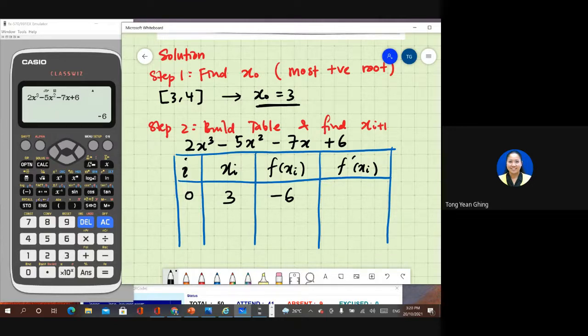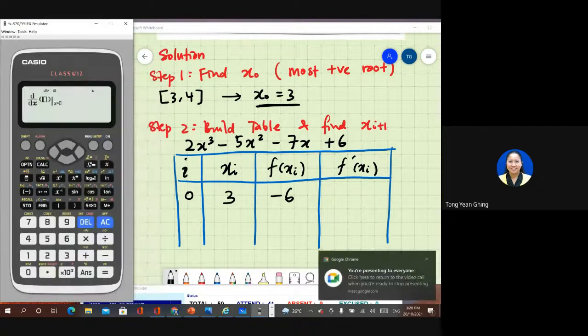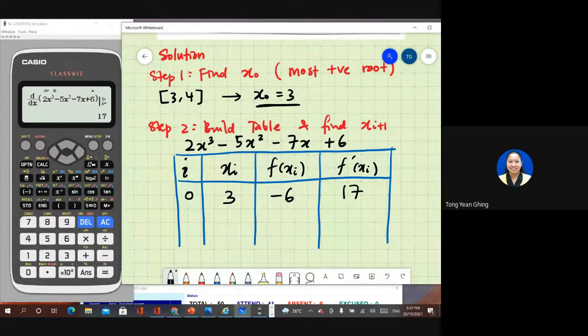Then shift integrate. For this one, we key in again the formula 5 alpha x squared minus 7 alpha x plus 6, and the value of x is 3, equals 17.